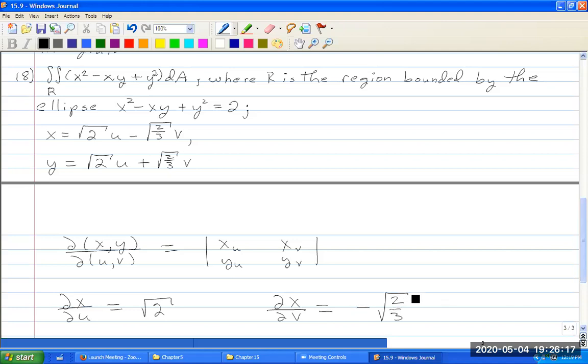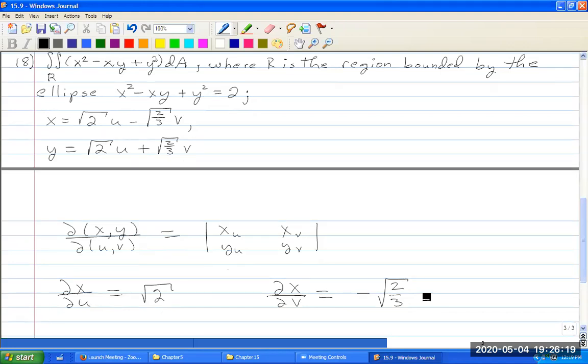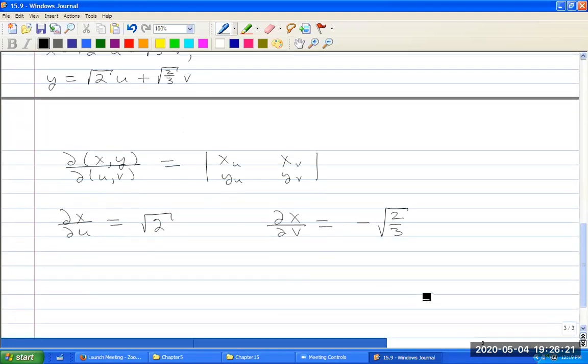Okay. Now let's try to find the partial of y with respect to u. Partial of y with respect to u is again another rad 2. Partial of y with respect to v is just going to be a positive rad 2/3.